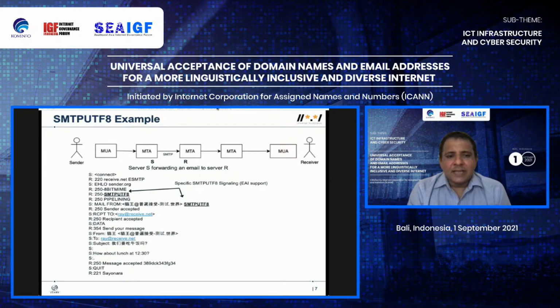So that's what you can see there. If you see those arrows pointing to SMTP UTF-8, it means it can support EAI-based emails. So this is something to observe. If this signaling flag is not there, then we will not be able to deliver that mail to that particular MTA. Next slide, please.